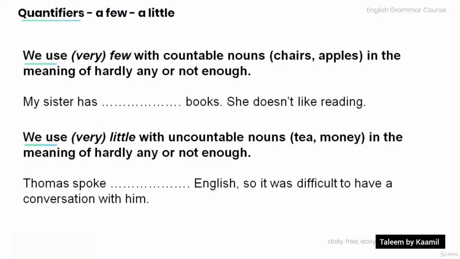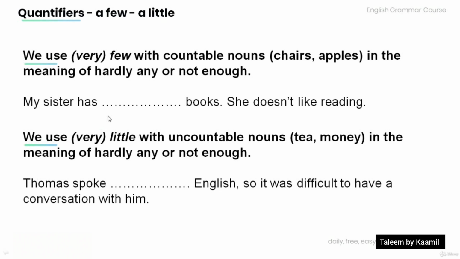Also remember that we use very few with countable nouns, such as chairs and apples, in the meaning of hardly any or not enough. And we use very little with uncountable nouns such as tea or money in the meaning of hardly any or not enough. Now have a look at the sentences below and fill in the blanks using the appropriate quantifier.